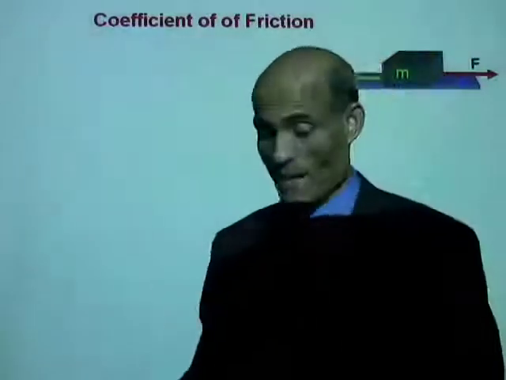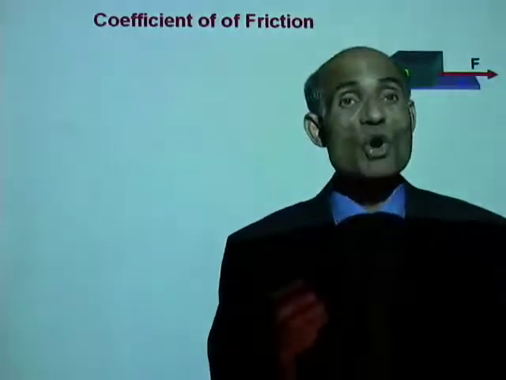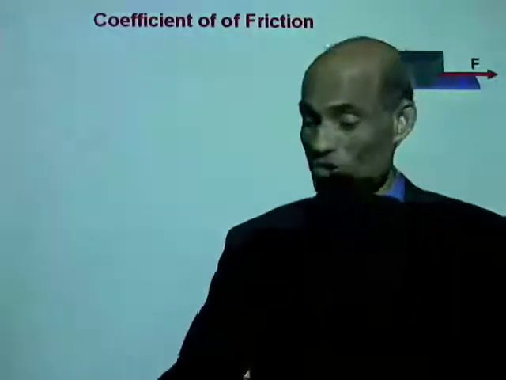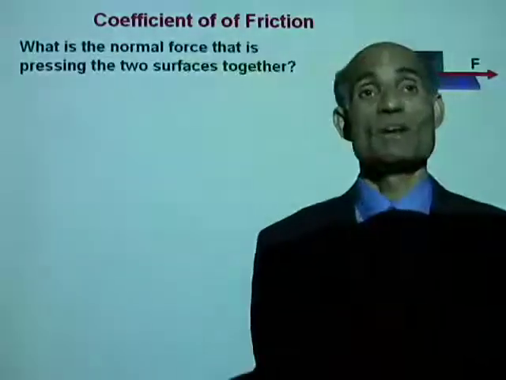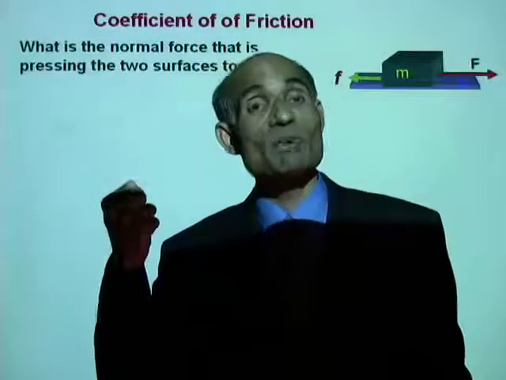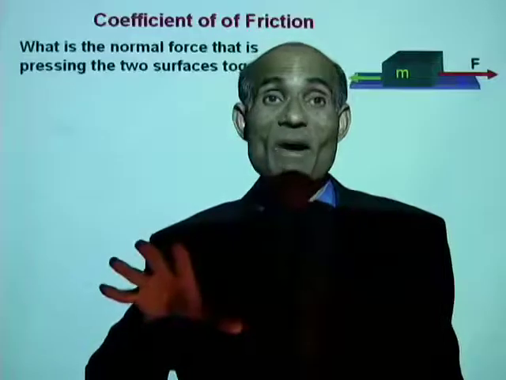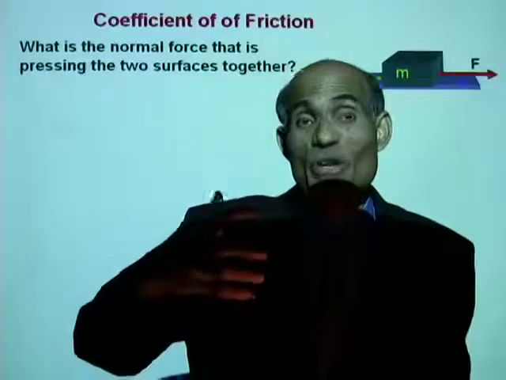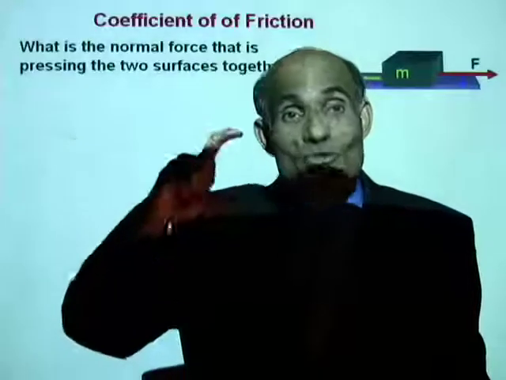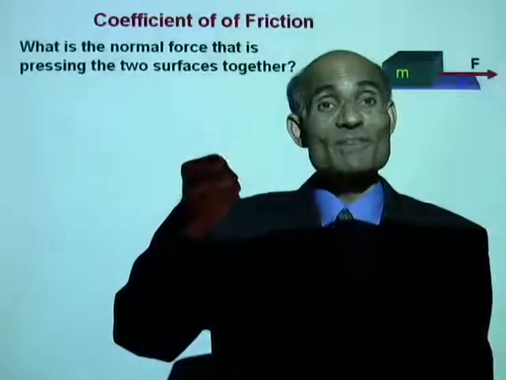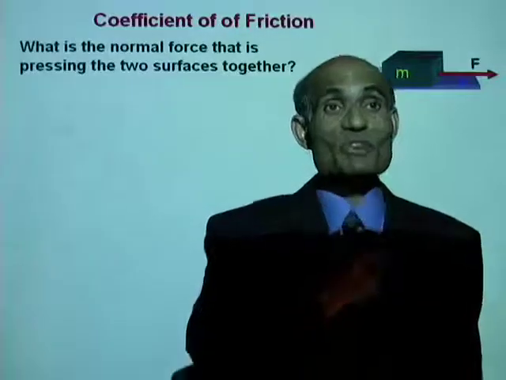Now, let's talk about the concept of coefficient of limiting friction. This concept can be explained by the fact that the frictional force is directly proportional to the normal force. You increase the normal force, you increase the friction.